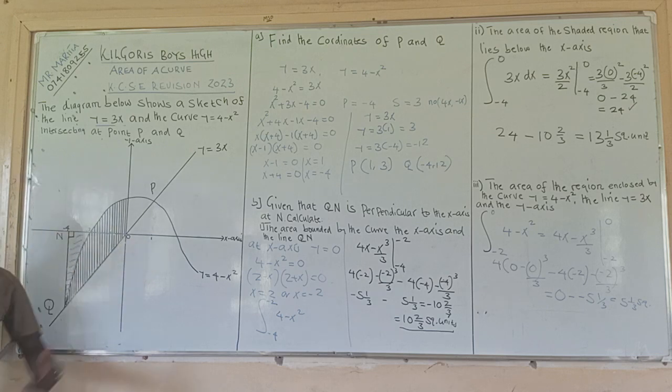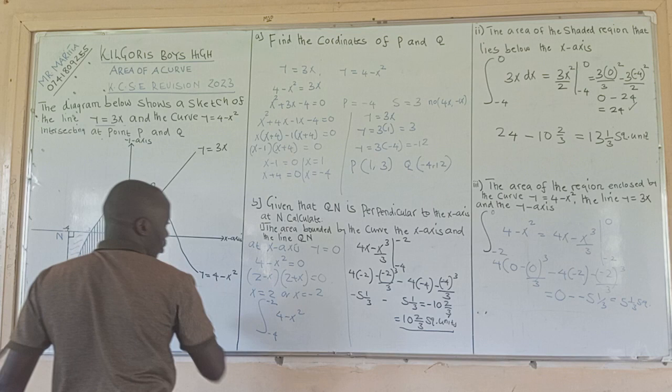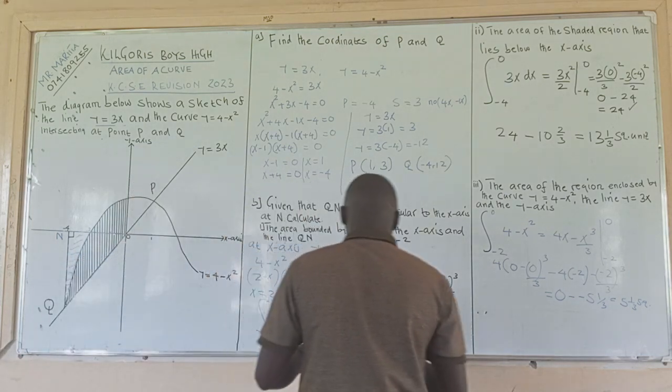Now to get the area enclosed by the curve, it is the area below the x-axis plus the area above the x-axis.